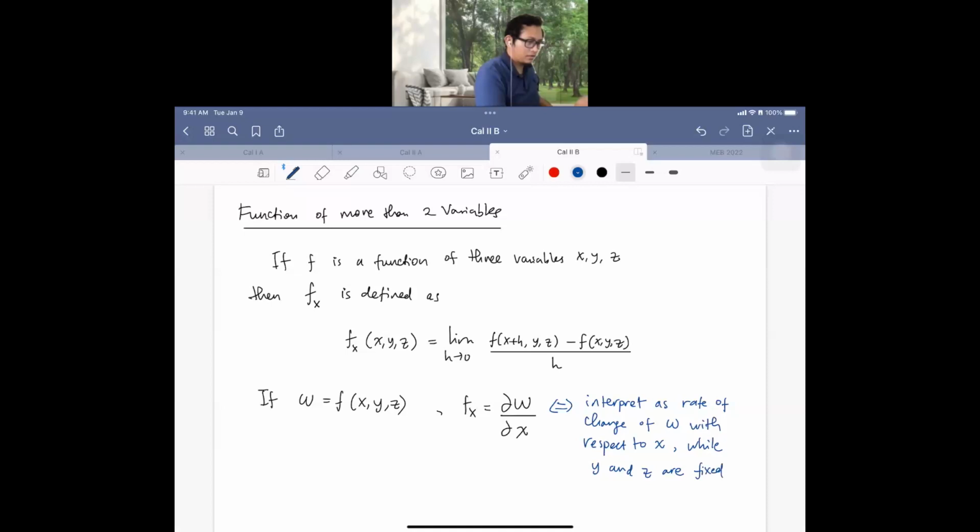But can we draw this? Can we make visuals? It's not easy. We cannot visualize this into graphs because it's in four dimensions. If it's in 3 dimensions, we can easily write down the x-axis, y-axis, z-axis.